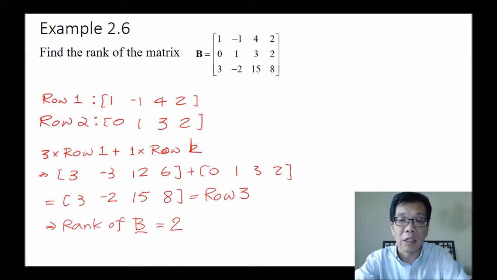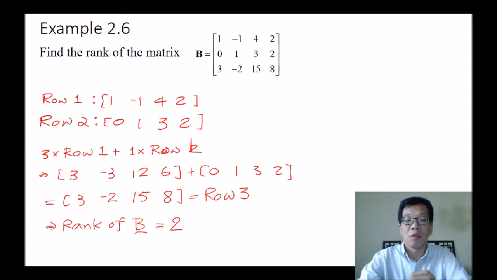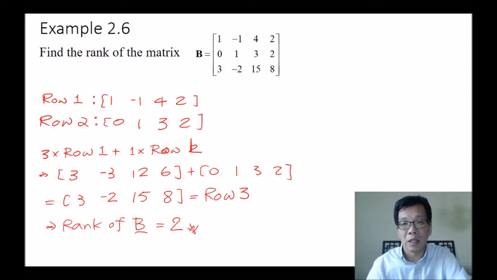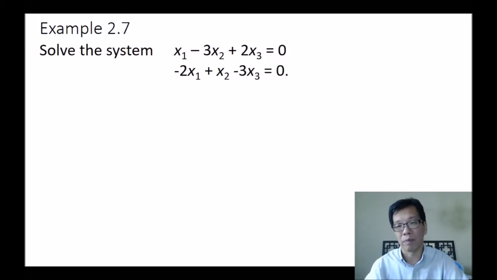However, if you do that, the second, third, and fourth components are also zeros, which means the second row cannot be synthesized by row 1. So in that case, the rank of B is actually 2. That is the answer of this example.